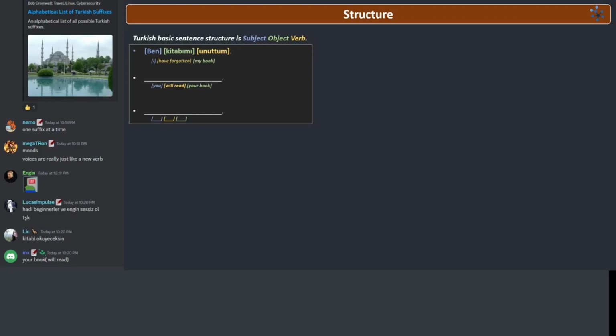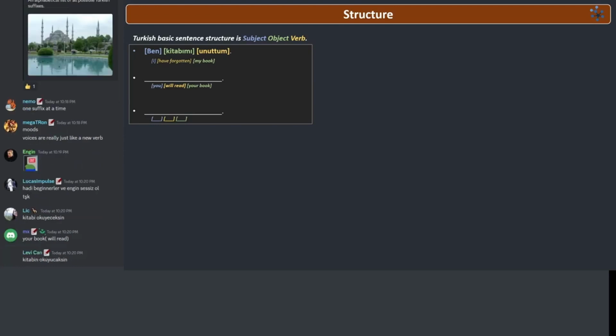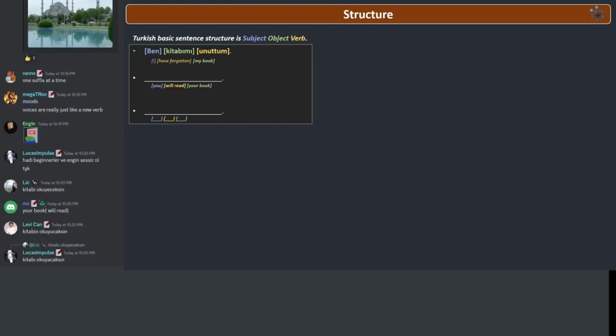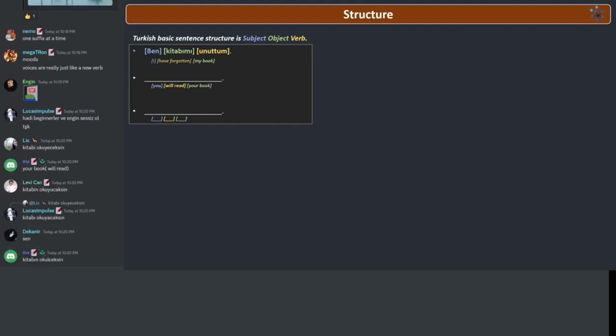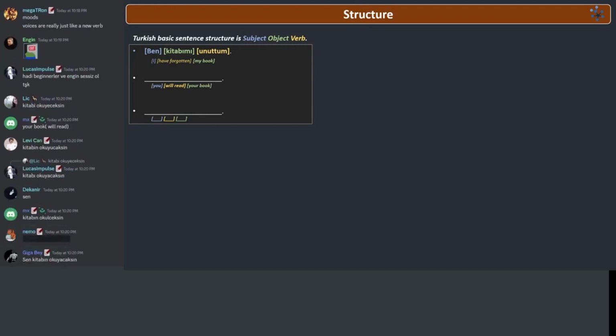MX, that is a nice way to put it, yes. That's the order in Turkish. Your book will read. You guys are getting very close, but there are a few things you are missing.